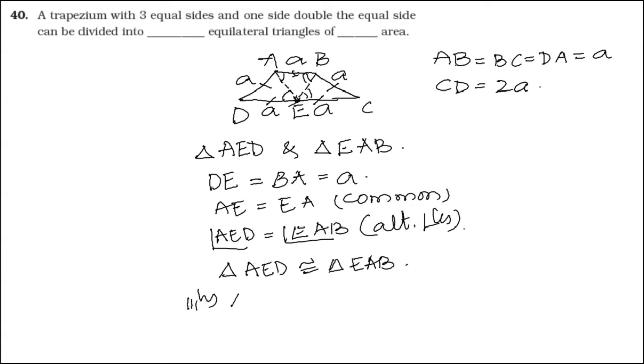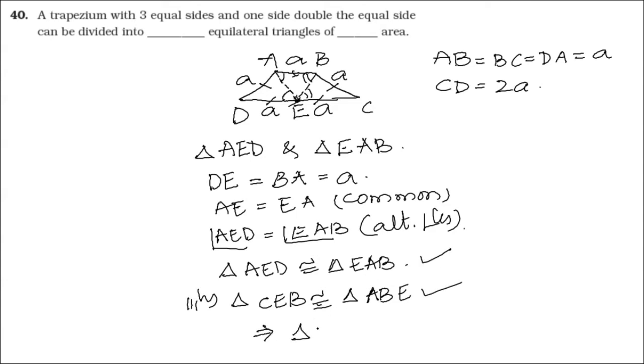Similarly, I can show that the triangle CEB is congruent to triangle ABE. Here, these 2 triangles are one and the same.